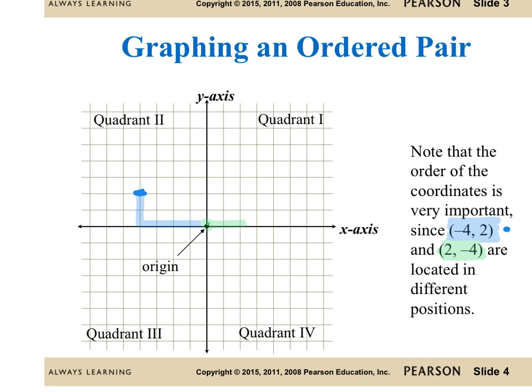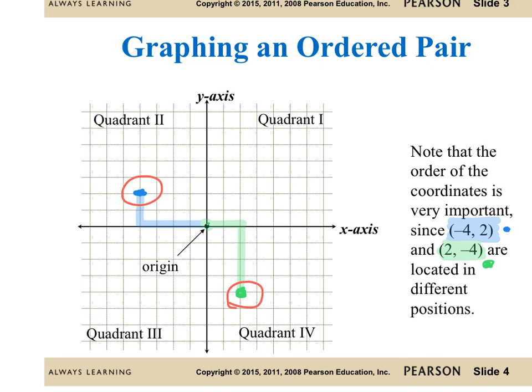So we're going right 2, and then we're going to go down 4. And that's how we locate the point (2, -4). And notice that those 2 points are in totally different locations. Even though they have the same 2 numbers, their x coordinates and their y coordinates are in different orders, and that gives us 2 different ordered pairs.